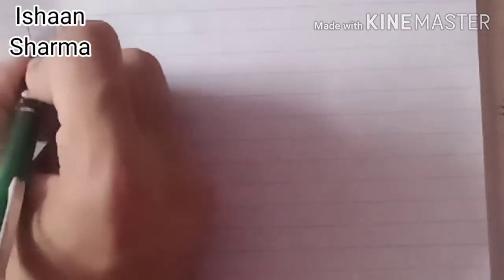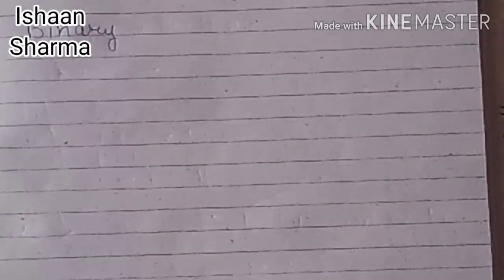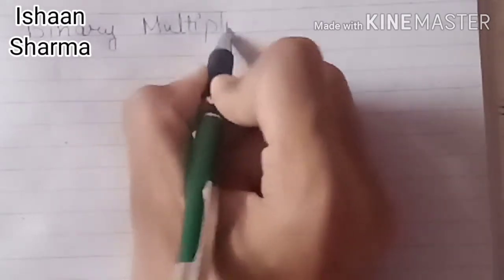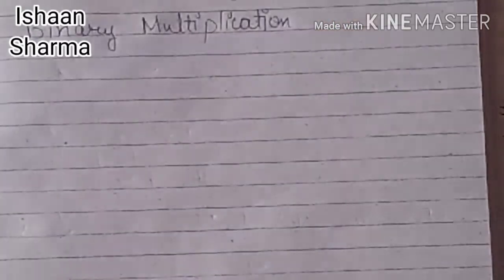Now let us start binary multiplication. Multiplication also has 4 rules.